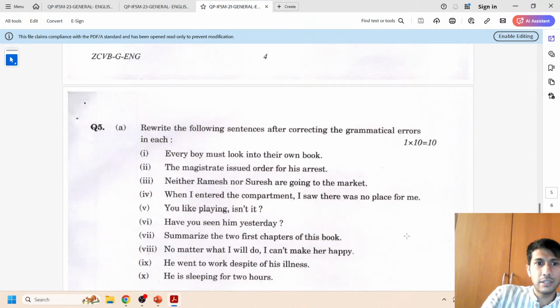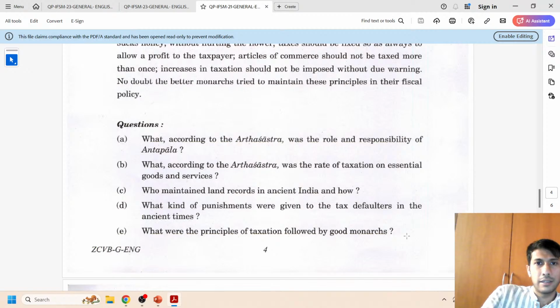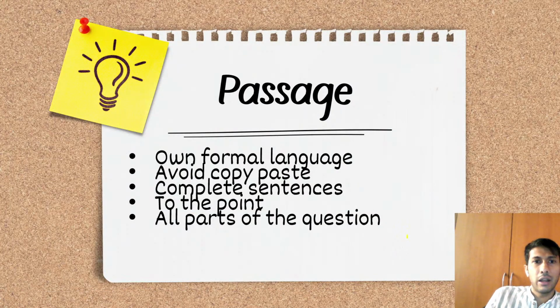Upon that, they will ask five questions. Read the passage. It's very easy, and you have to write the answer in your own formal language. Again, do not copy-paste. Answer in your own formal language, avoid copy-paste, and write complete sentences.